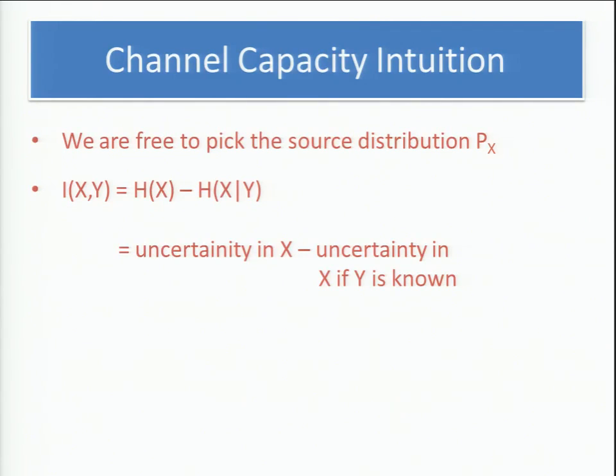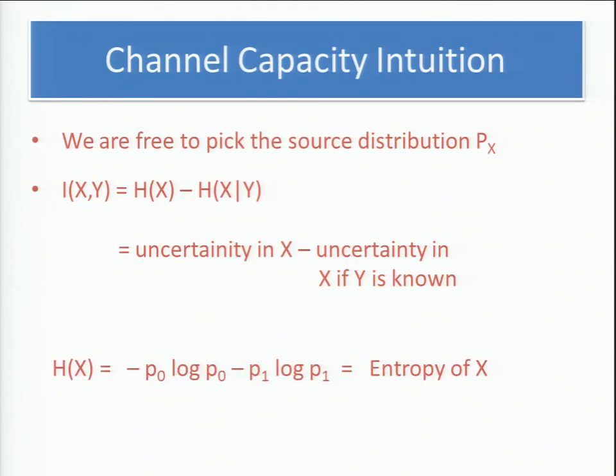And H(X given Y) is the uncertainty in X after you know Y. What this mutual information signifies is how much this uncertainty has reduced, that much information you have got about X. And that is what was used in channel capacity.